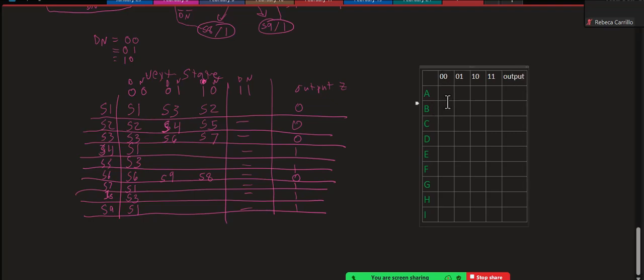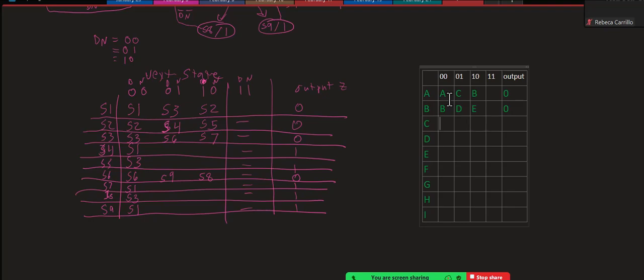Okay, so now I'm going to fill this out, and I would say that for 0, 0, A goes to A. For 0, 1, it goes to C. For 1, 0, it goes to B. And my output is going to be 0. And then for B, I have B, D, E, 0.